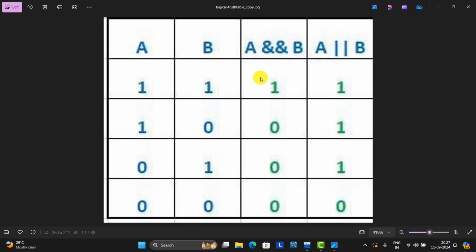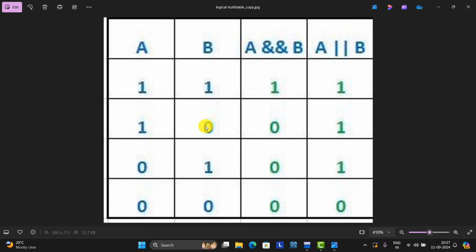Logical AND of A and B is 1. By the definition of logical AND, it will return true only if both operands are true. If any one is false, the result is false. So A is 1 and B is 1, A and B is 1.